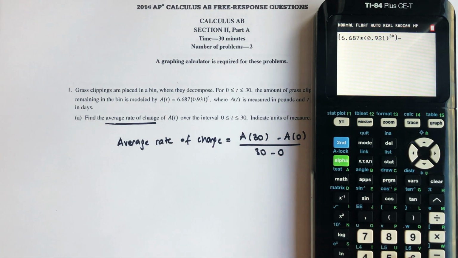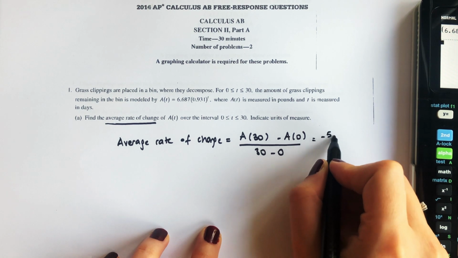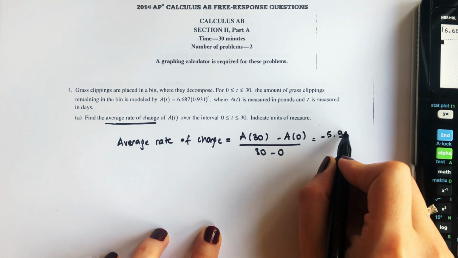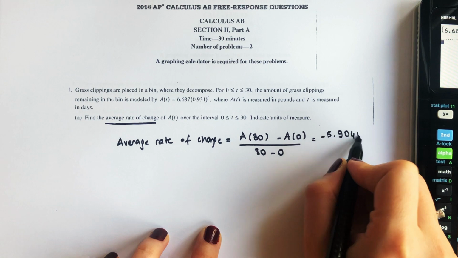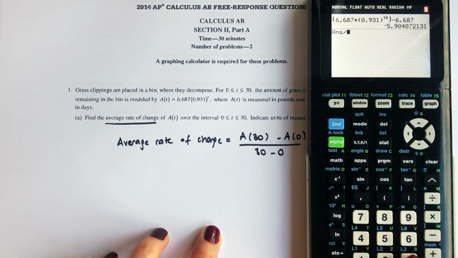This is why we can directly write 6.687. Enter. Minus 5.904, over, we will divide by 30, because 30 minus 0.